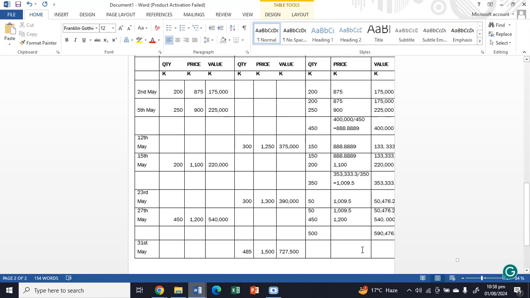Get our average cost, we divide that 590,476.2 by 500. I'm going to get 1,180.9.